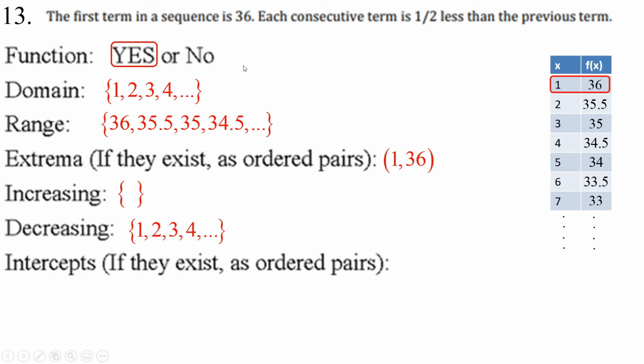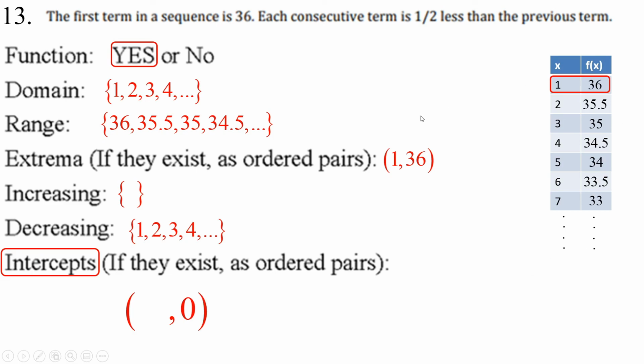Now the intercepts. Well, x never equals 0, so there's never a y-intercept. Will f of x ever equal 0? Well, we don't see it in the table I've set up right here, but I'm going to take you to a pretty cool place, and this is where we're going algebraically.